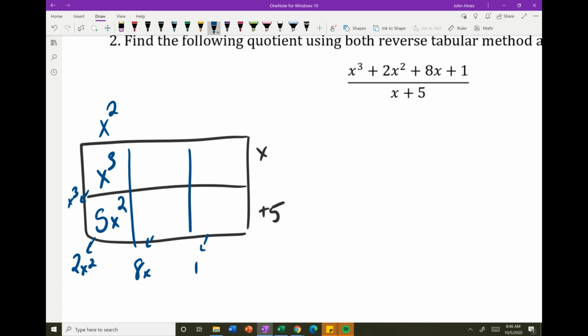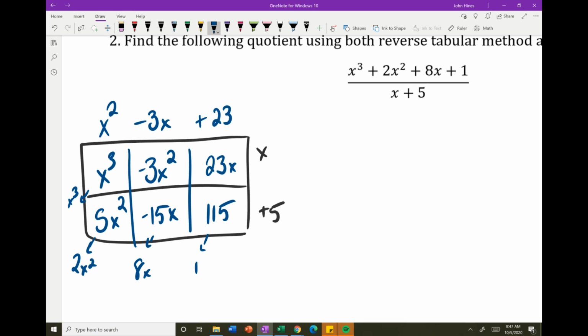Well, what in 5 makes 2? -3. -3 times x is -15x. All right. Well, I'm at -15. How do I get to 8? Well, I need to add on 23, I think, right? 23 minus 15 is 8. So I'm going to put a 23 up there, maybe. 23 times 5 is 115, but I need 1.